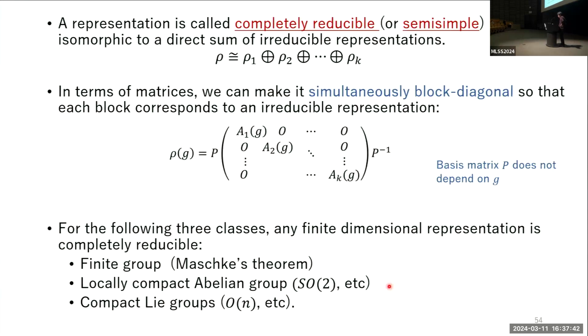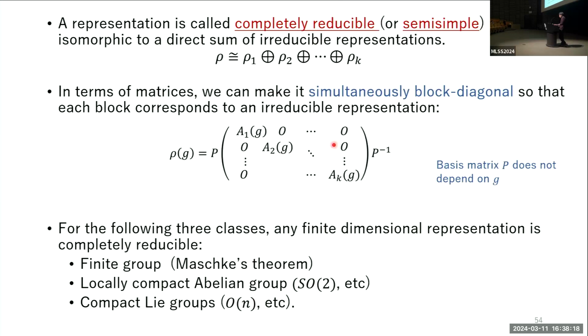Also, I'm not defining the locally compact abelian group, but let's say an abelian group like SO(2), the two-dimensional rotation, this is abelian. A locally compact abelian group also satisfies this completely reducible property. And also the compact Lie groups, examples of which are the orthogonal group and the special orthogonal group, also satisfy this complete reducibility.